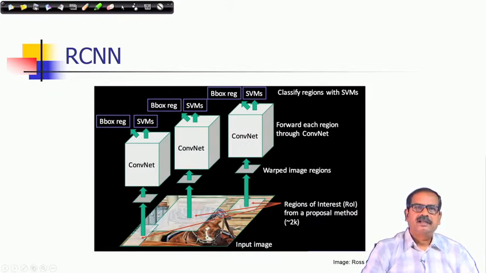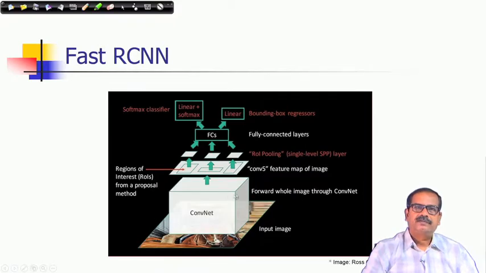You can see that every proposed region is passed separately through the convolution layers, and then those are used for classification and regression of the regions, using a regression module and also the SVMs for classification. Every region is processed in this way. Whereas in fast RCNN, the convolutional neural network is used only one time to generate all the features, and it also has the proposed regions.